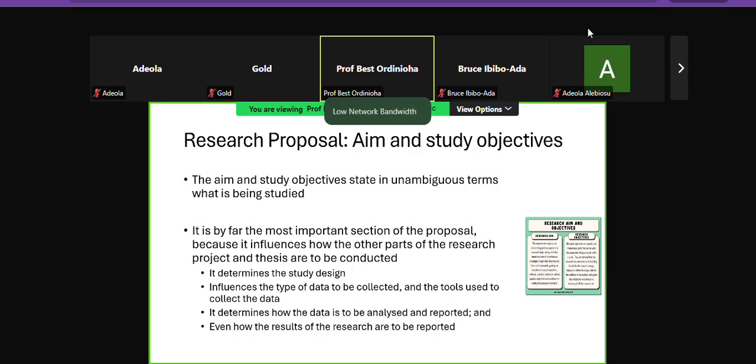It will determine even the study tool, the kind of data you collect, and how you analyze the data. So everything about the study is determined by the study objectives.